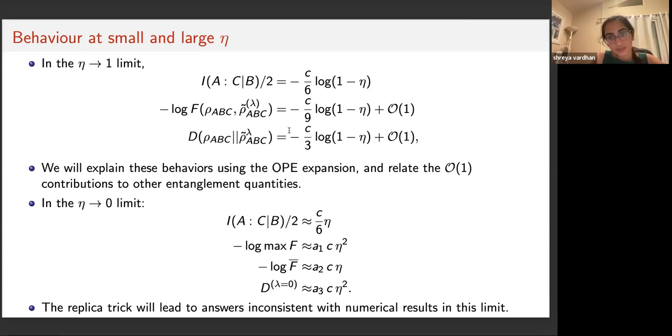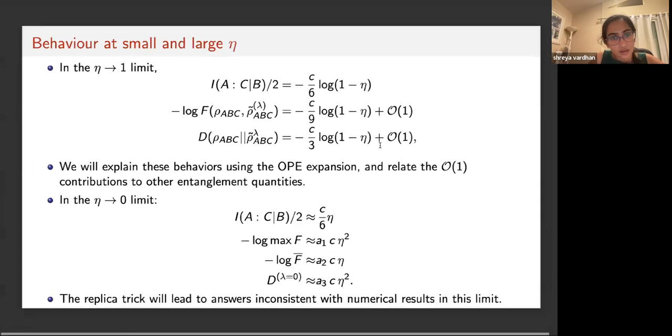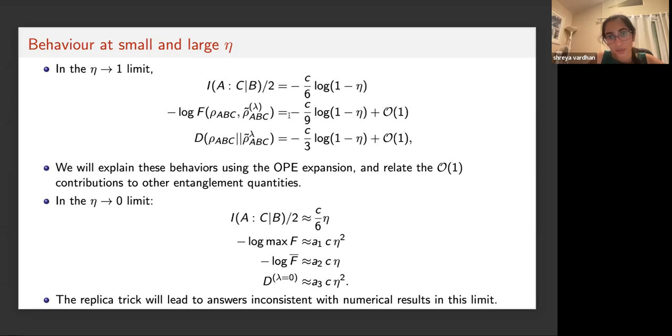The relative entropy again has the same divergence, but with some other factor. We will be able to explain both of these behaviors by using the OPE expansion. One interesting thing is that we'll also relate this order 1 correction to some other entanglement quantities, some of which it's obvious why they appear in the OPE expansion, and for some other ones it's not.